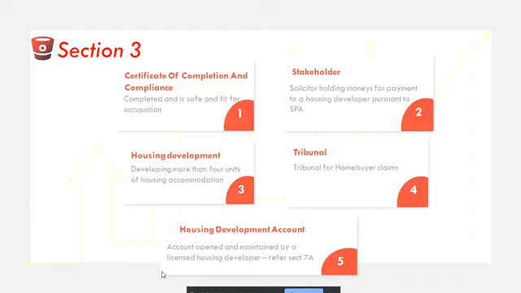Now it has been changed to CCC, Certificate of Completion and Compliance. It is issued by the local authority for an approved project.